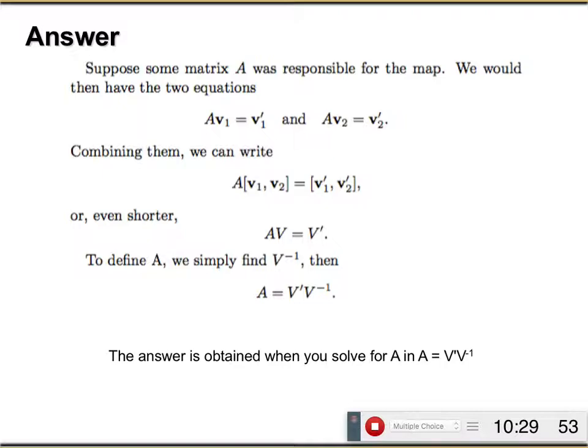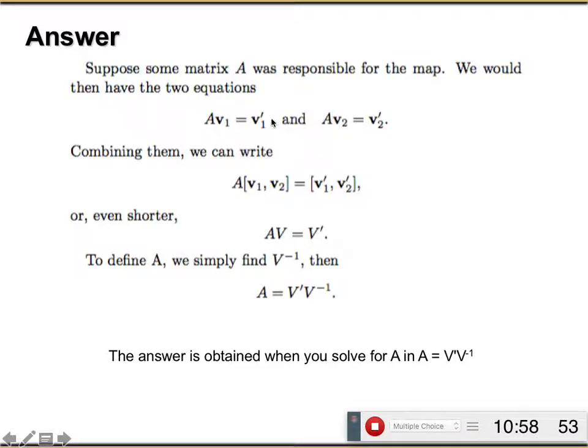But I want to map this triangle to this triangle. So one way of looking at that is a triangle has two vectors, which I get from the 3 points. And I want to map this vector to this vector, and this vector to that vector. So if I think of those two vectors, then I can think there is some matrix A that maps V1 to V1 prime and V2 to V2 prime.